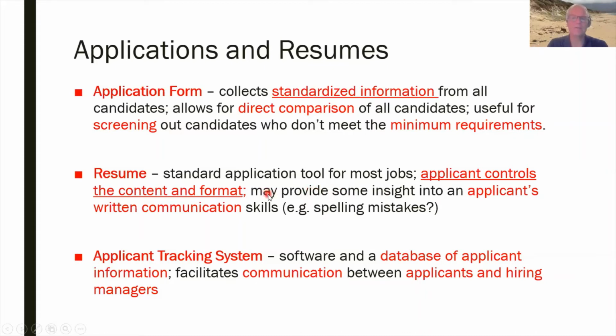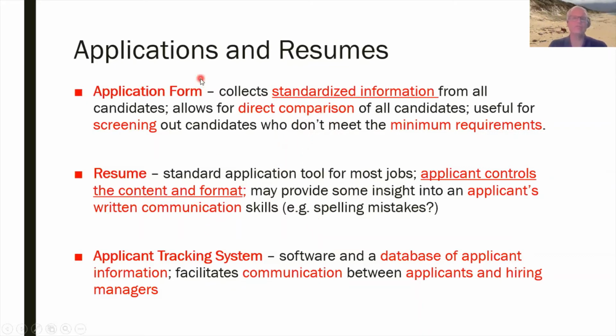The other advantage of a resume over an application form is it'll give you some insights into an applicant's written communication skills, like spelling mistakes, etc. You're checking a lot of boxes on the application form. You actually have to write stuff on the resume. So those are the two main ways employers get information.